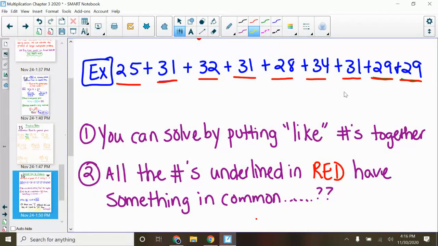Those are all the same, but there's something that every one of them has in common. So if you want to take a minute to think, pause your video here and get your brain exercising and see if you can stare at these numbers for a minute and find what it is that they all have in common.